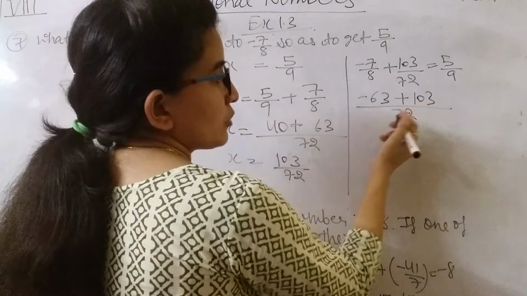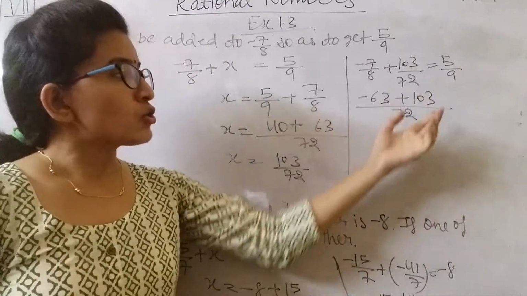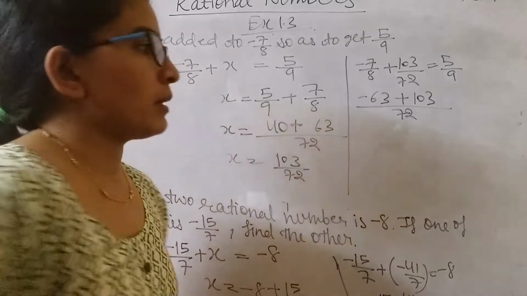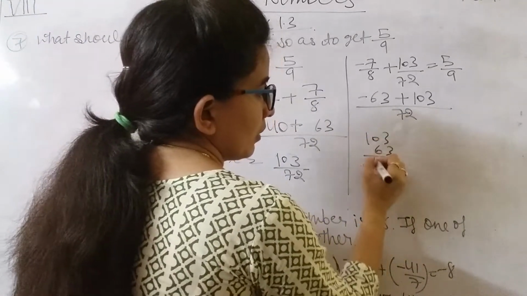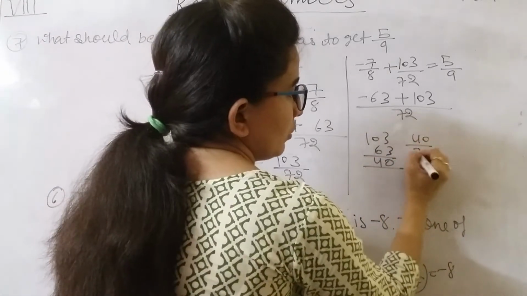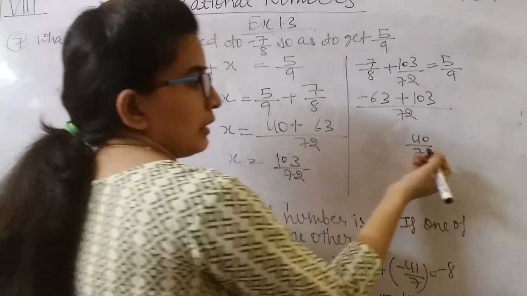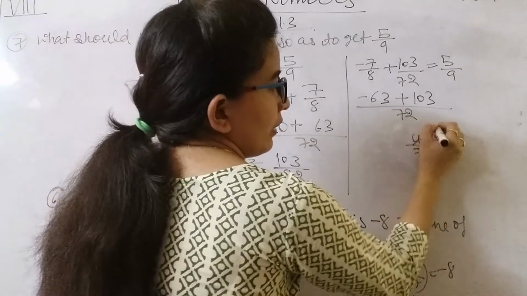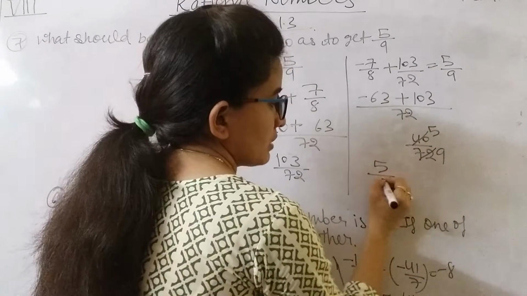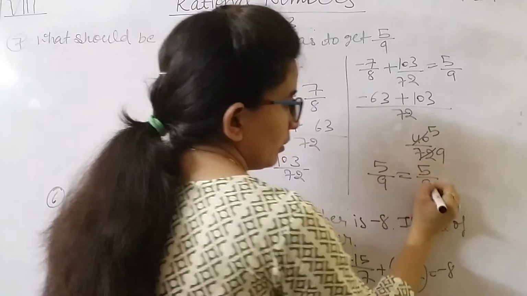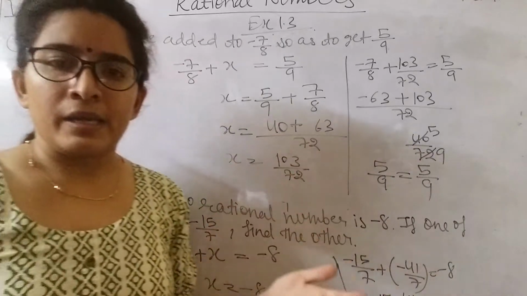Now we have one positive number and one negative number, so we will subtract these two numbers, that is 103 minus 63, 40 upon 72. So by cutting this, we will take 8 5s are 40 and 8 9s are 72. So we can see that we got equal numbers on both sides, so the value of x is right.